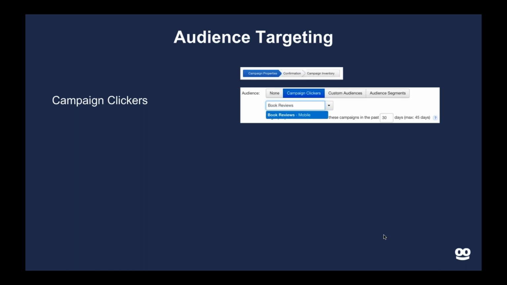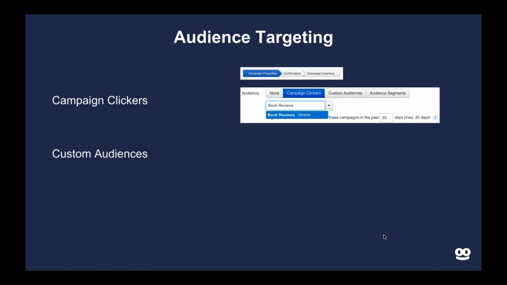And then we're retargeting users that have clicked on that ad and are going to drive them further into the funnel or to a specific landing page. Campaign clickers is a strong tool, especially for content related to PR or earned media. You can run to an article, say for example, if the New York Times has written something about you, you can run to their article, and then we can use campaign clickers to bring those users who read that article further into your homepage.